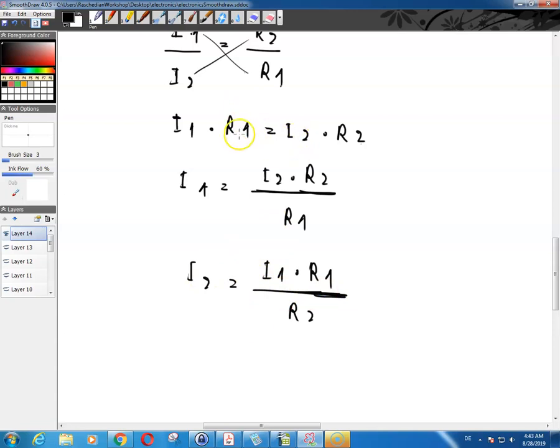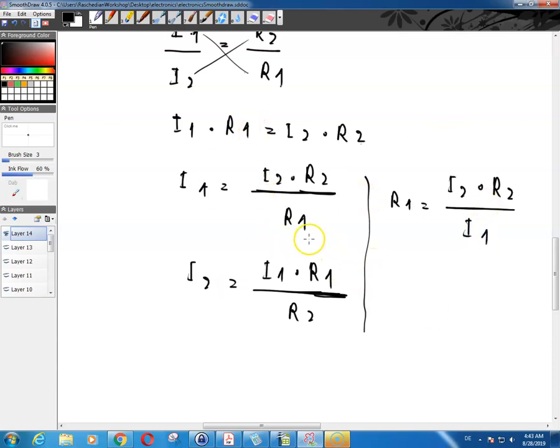Or if you want to calculate R1, R1 would be equal to this whole expression, I2 times R2 divided by I1.